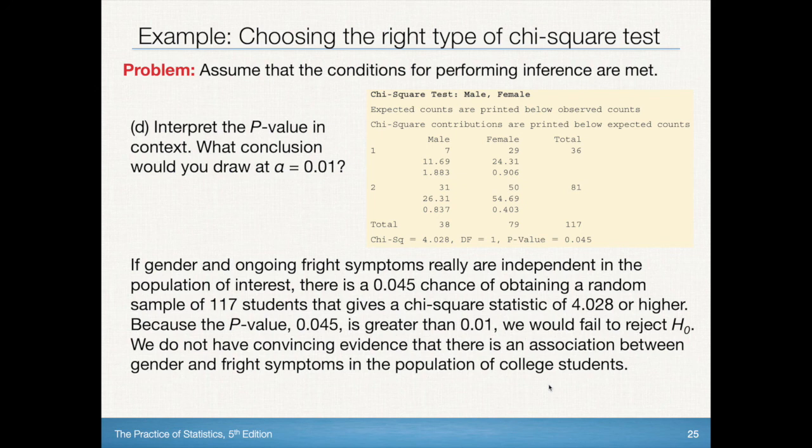Well, that p-value is greater than the alpha level that we're comparing it to, so that would fail to reject the null hypothesis, which means we don't have the convincing evidence we need to suggest that there's an association between the two.